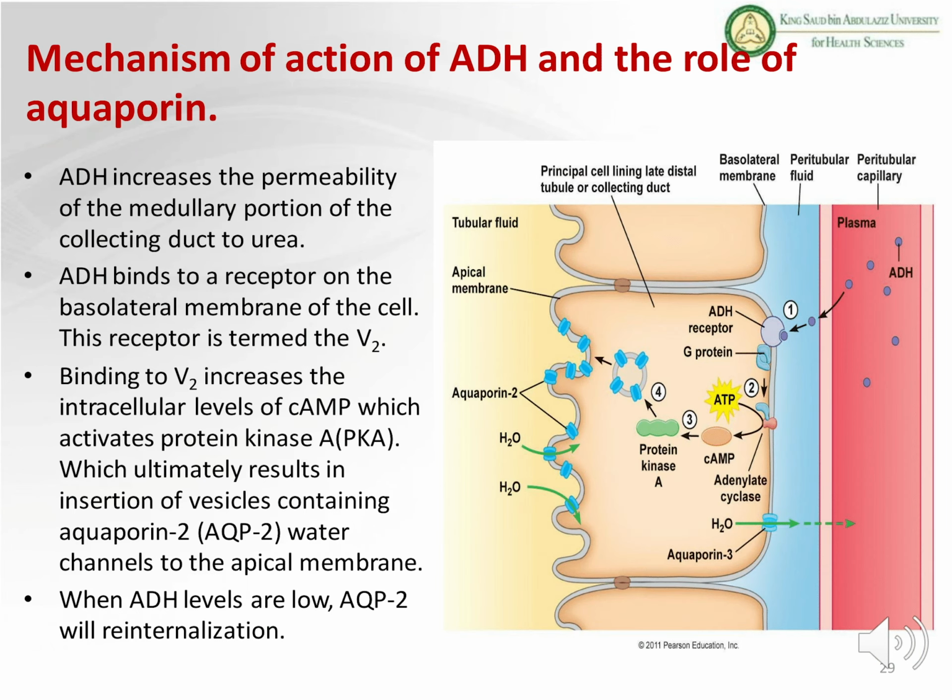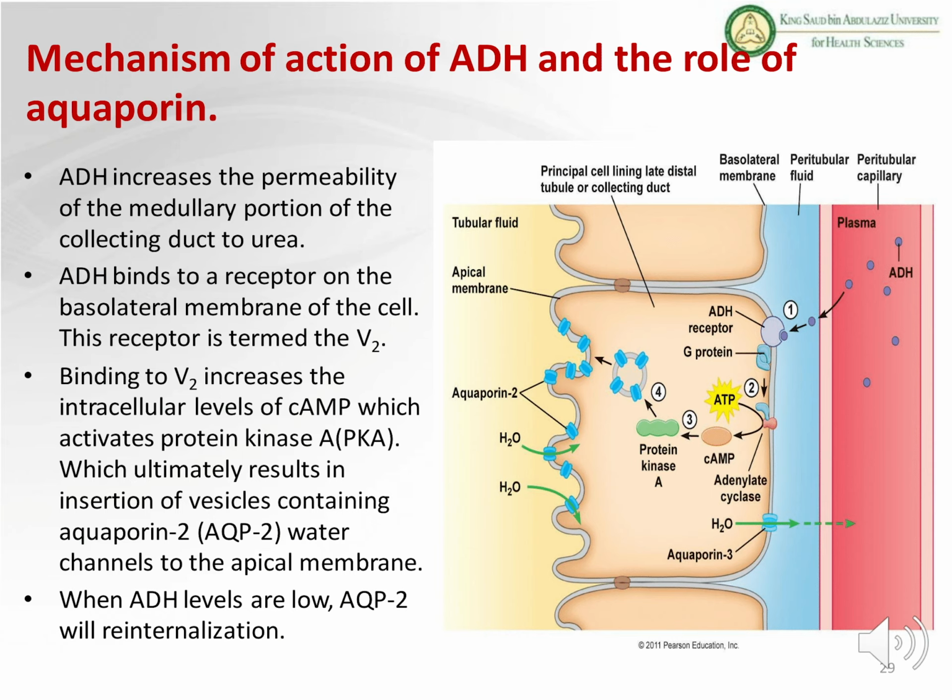So the mechanism of action of antidiuretic hormone and the role of aquaporin is explained here. Principal cells in the late distal tubule and collecting duct are the target cells for antidiuretic hormone. When ADH binds to its specific receptor, the V2 receptor, in the peritubular basolateral cell membrane of the principal cells, adenyl cyclase, located within the membrane, is activated and generates cyclic AMP.